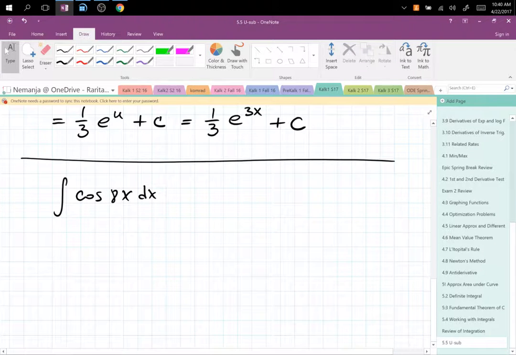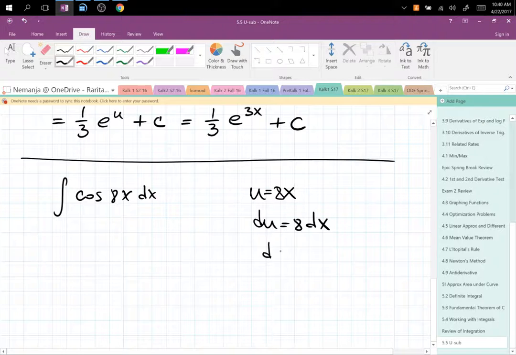So we are going to use the same technique. U is equal to 8x, because you know how to integrate cosine of x, so cosine of u. And then du is 8 dx, right? When you differentiate, you can put dx immediately on the other side. And then from there, you realize that dx is du over 8. I will show you another way to deal with this.